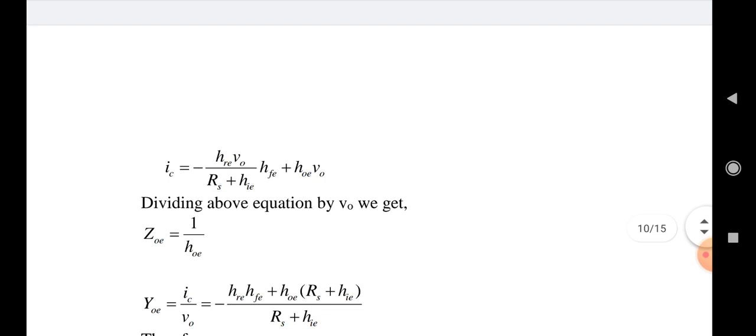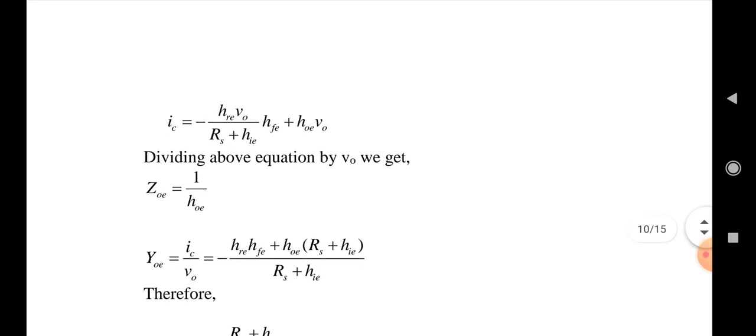Dividing the above equation by V_o, we get Z_oe is equal to 1 upon h_oe.